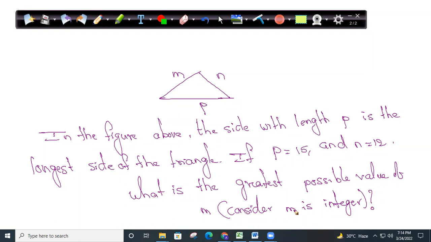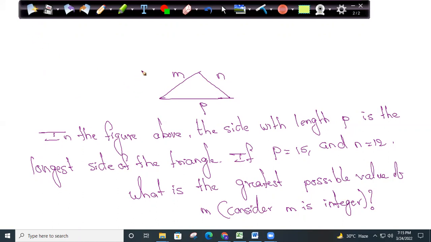In the figure above, the side with length P is the longest side of the triangle. If P is 15 and N is equal to 12, what is the greatest possible value of M? Everyone should type me your answer. Please be fast. I'm giving you exactly one minute.